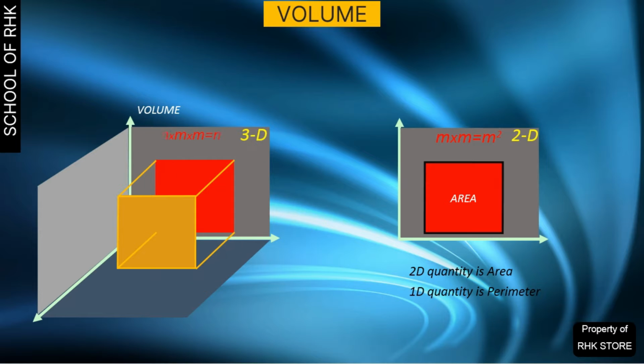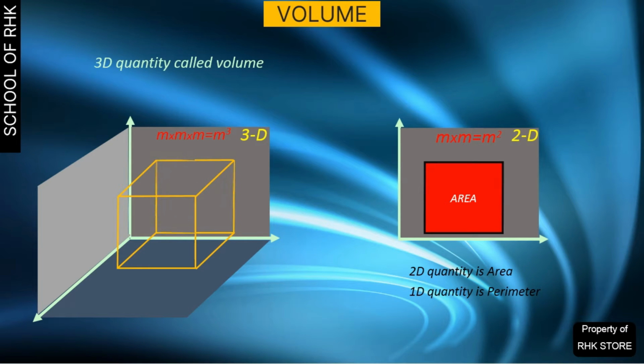But it is to be noted that 3D objects also have a type of area that we don't want to confuse with volume. A 3D object has both a 3D quantity called volume and a 2D quantity known as surface area.